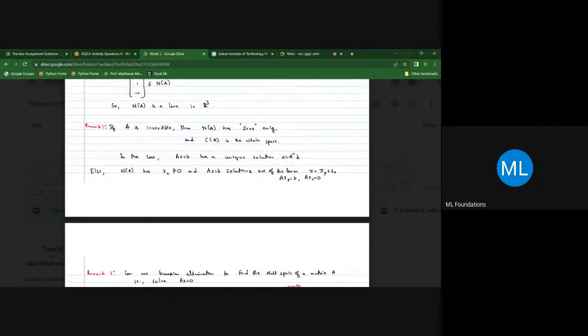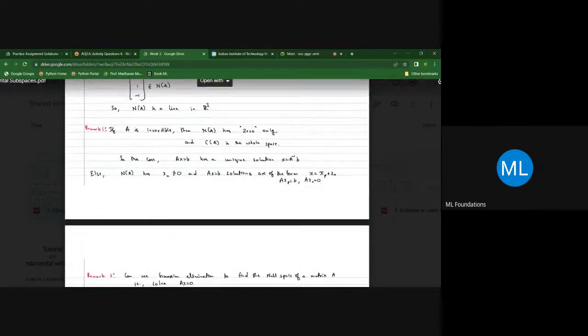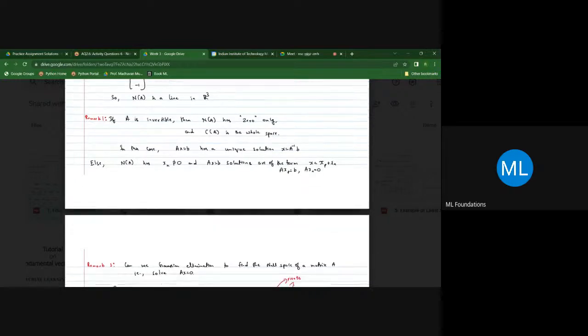Then the solutions of Ax equals B can have the form xp plus xn, where xn belongs to the null space of A, and xp is the solution for Ax equals B. Since A xn equals 0 and A xp equals B, A of xp plus xn also equals B, right? So that's what they're trying to say: Ax equals B will have solutions of the form xp plus xn.